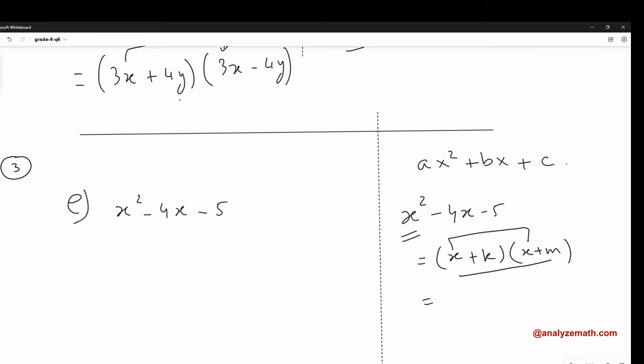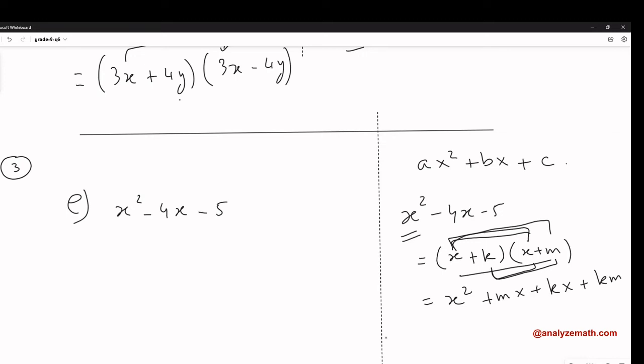When we develop this, what do we get? We get the x². And then x by m gives me mx. And then k by x, kx. And then k by m gives me km.